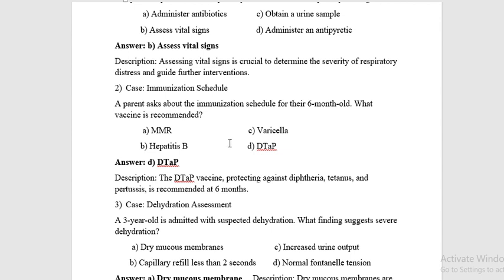For this 6-month-old child, we should give DTaP. Choice D is the best answer. The DTaP vaccine, protecting against diphtheria, tetanus, and pertussis, is recommended at 6 months of age.